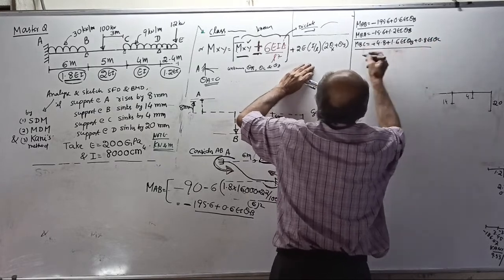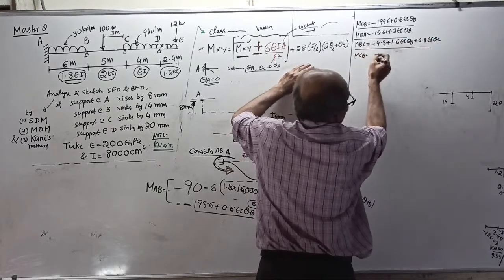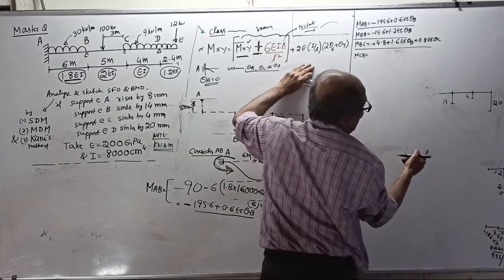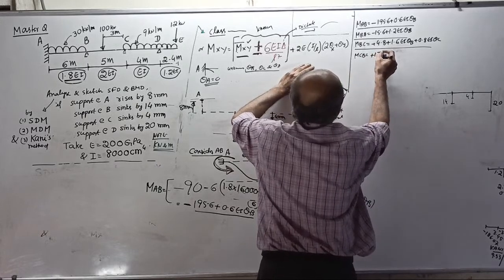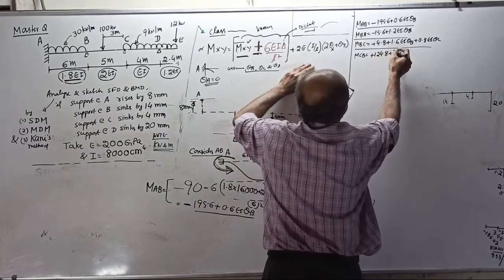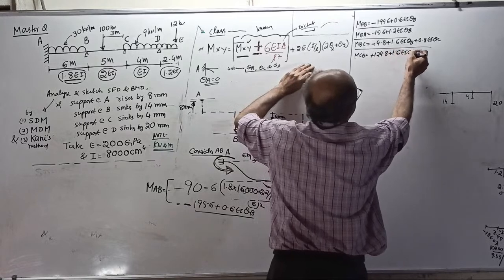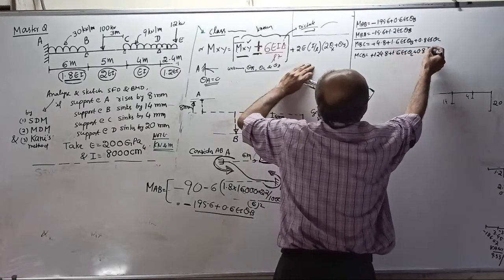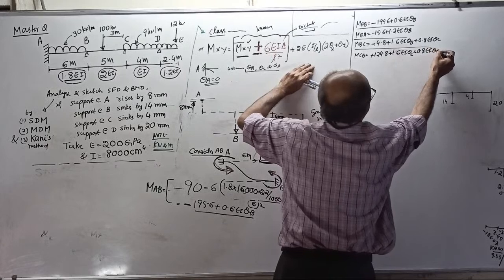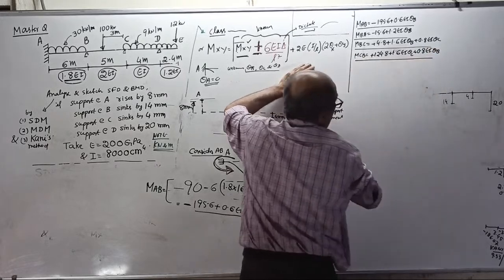Then your MCB will come, after 4.8, plus 124.8, plus 1.6 EI theta C, plus 0.8 EI theta B will come. Okay. Don't worry, I am writing because I can remove it.